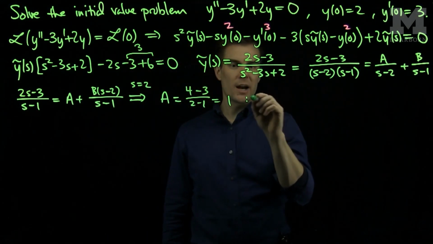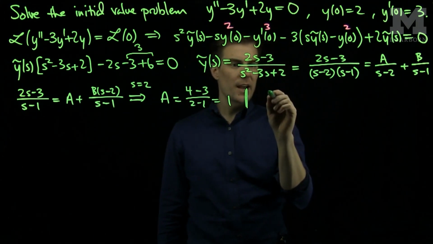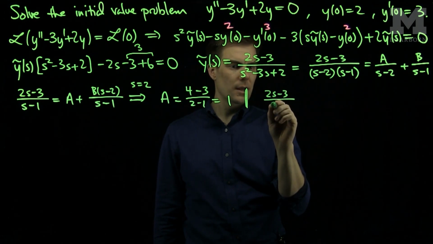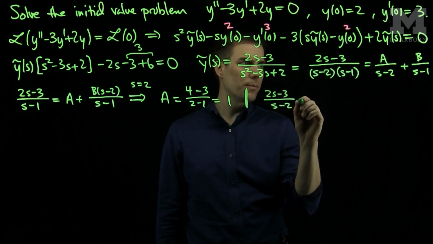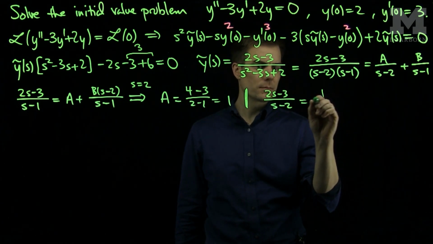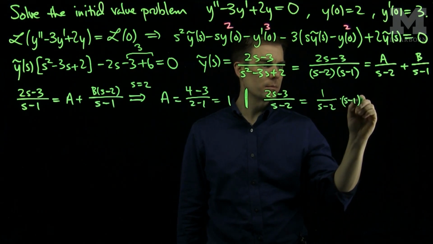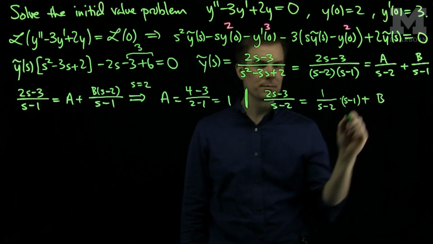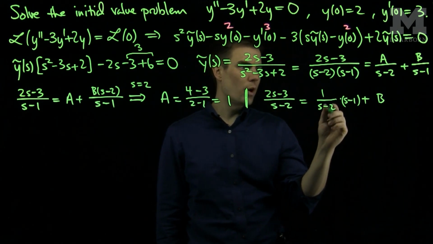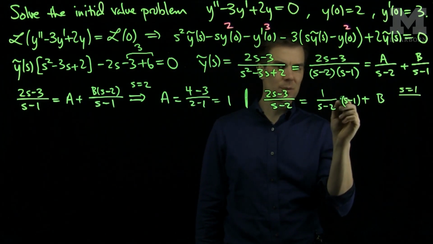Similarly, we can multiply the equation by s minus 1 and conclude that 2s minus 3 over s minus 2 is equal to a, which we found to be 1, times s minus 1 over s minus 2, plus b. And now into this equation, I will plug in s equals 1. So if we plug in s equals 1 into this equation over here, this term will cancel out.